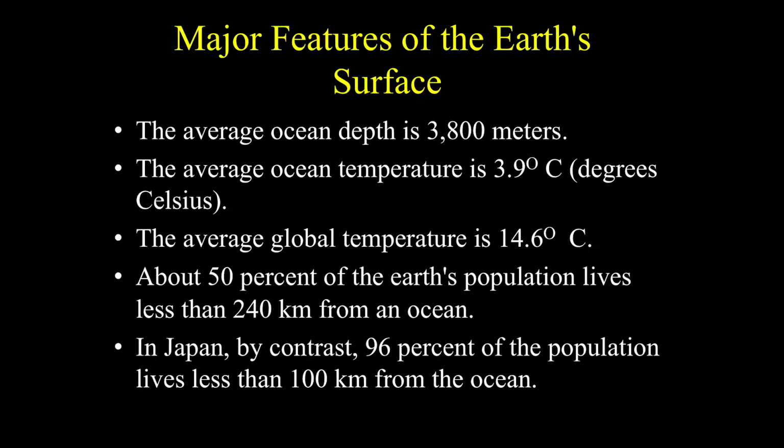And the average global temperature is 14.6 degrees Celsius. About 50% of the Earth's population lives less than 240 kilometers from an ocean. In Japan, by contrast, 96% of the population lives less than 100 kilometers from the ocean.